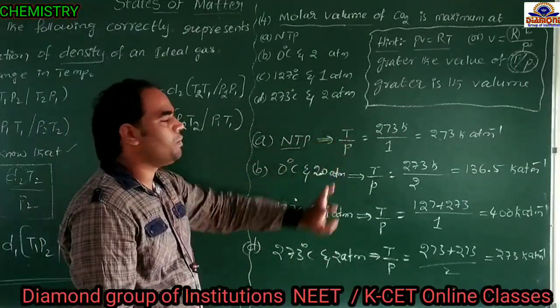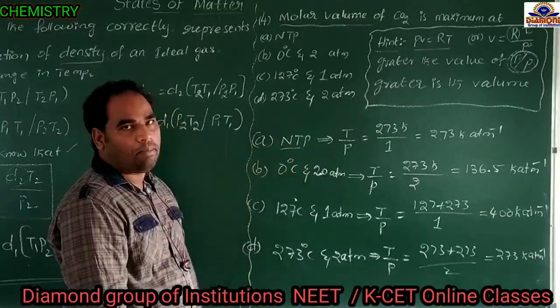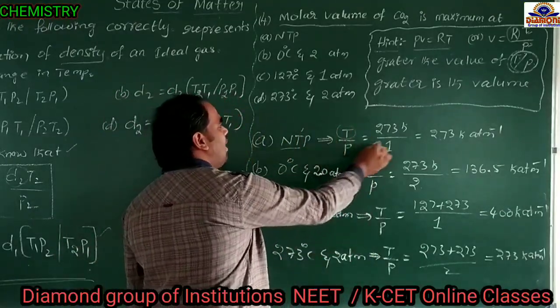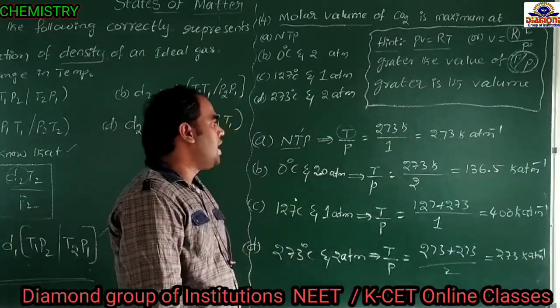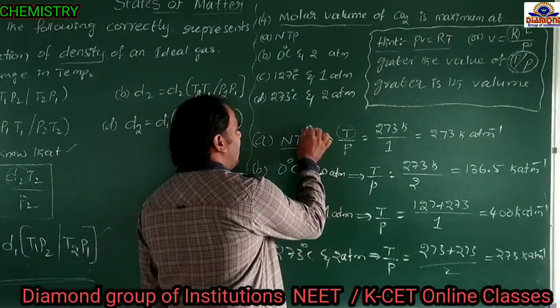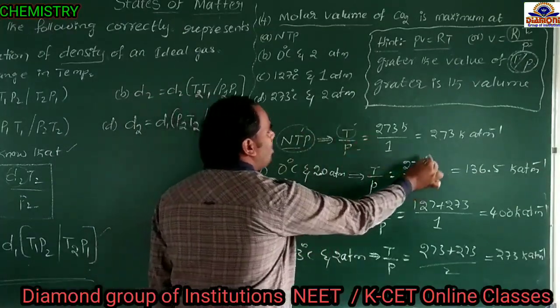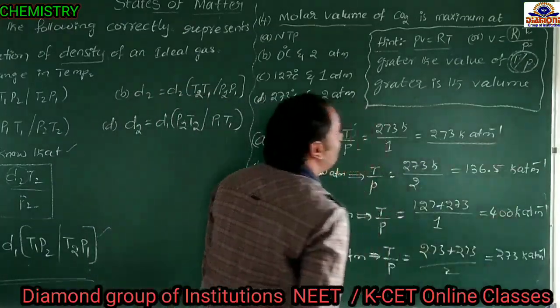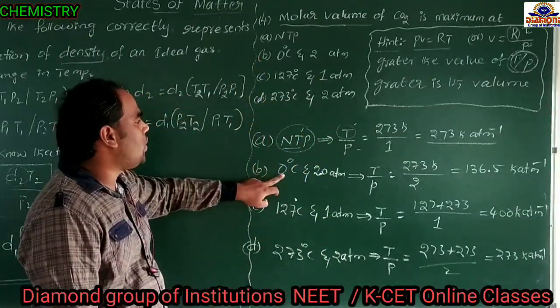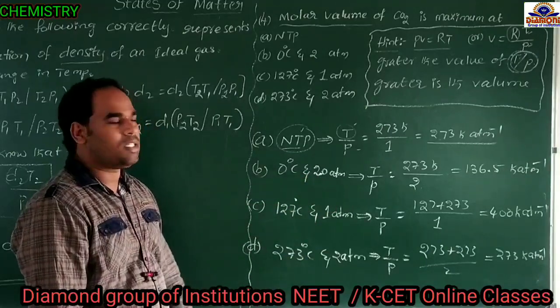So at NTP, T by P value. Here normal temperature and pressure. At NTP the temperature value is 273 Kelvin and the pressure is 1 atmosphere. Therefore, at NTP the T by P value is 273 Kelvin atmosphere inverse. Right. At B condition, 0 degrees and 2.0 atmosphere.